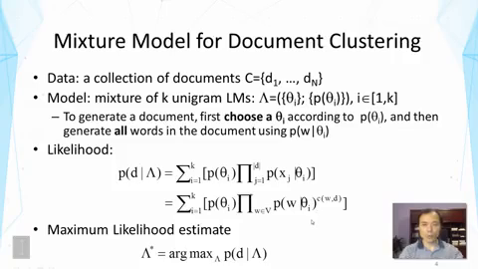You can take a look at the formula here. We have used a different notation in the second line of this equation. You can see the notation has been changed to use a unique word in the vocabulary in the product instead of a particular position in the document.